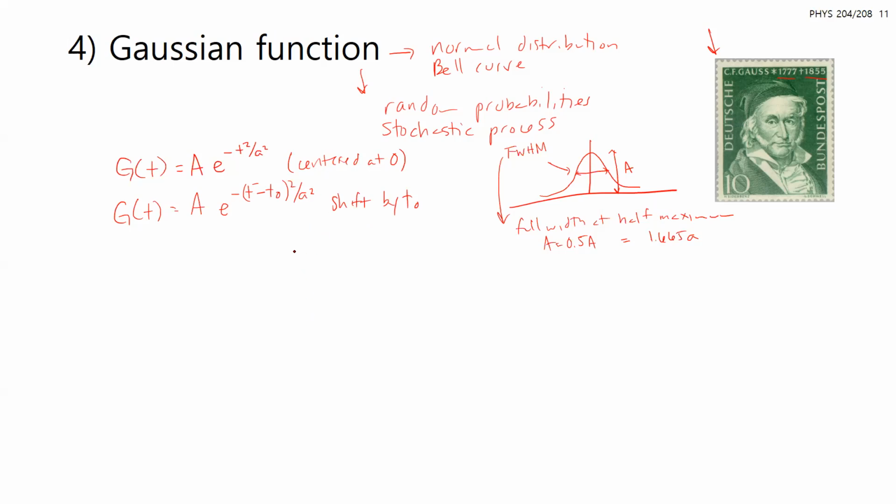So if we want to get at what is the Fourier transform, what are the contributions in the frequency domain, applying the equation that we had, we'll plug in the Gaussian function. I'm going to pull out the capital A, our amplitude, since that's a constant.